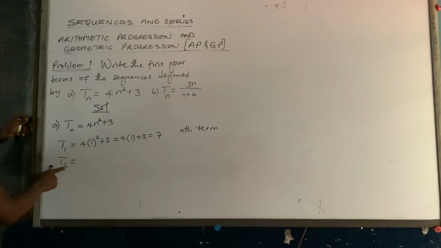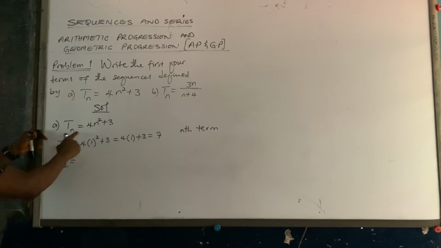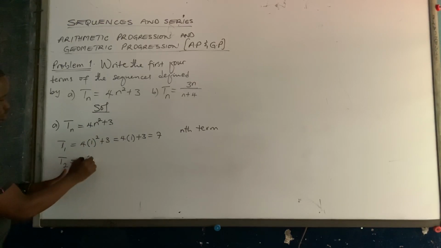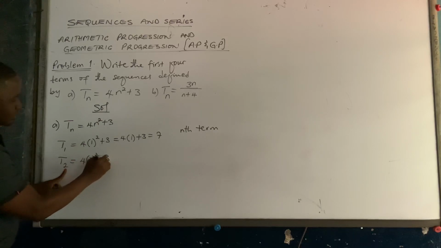Again, this time around 2 replaces n. When we go to the sequence itself, wherever we see n, we write 2. So we say 4 multiplied by n, n is already 2, square, plus 3.